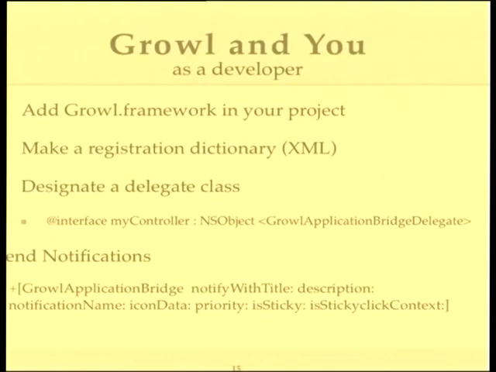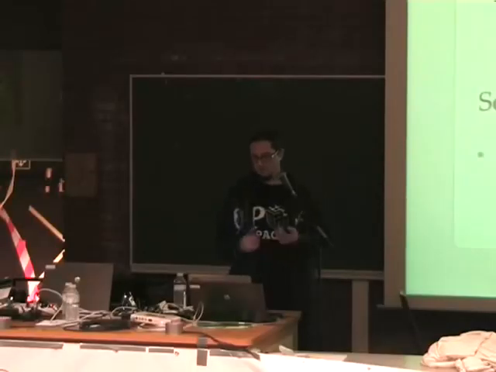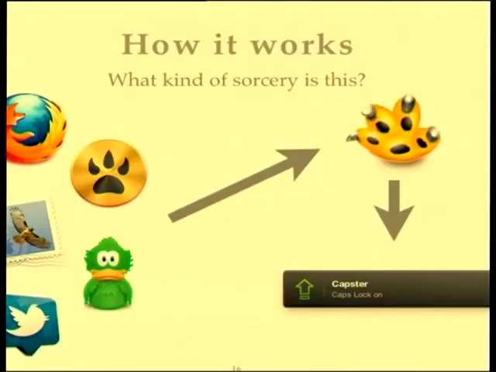If you want to have a specific icon for your notification, you provide an icon data. You can provide priority. You can tell it if it's sticky. And if you want to have a callback function. So again, when this is called, the application sends the notification to Growl, and Growl displays it for you.